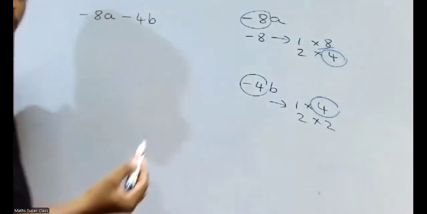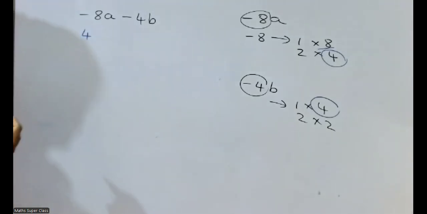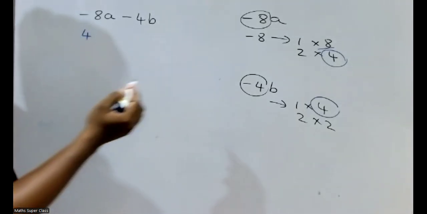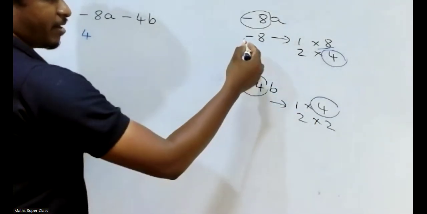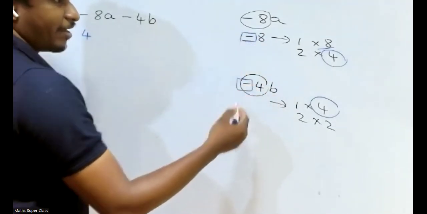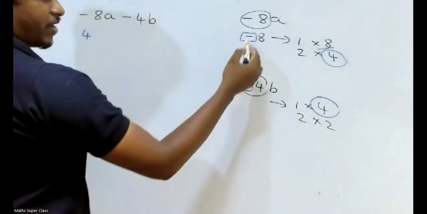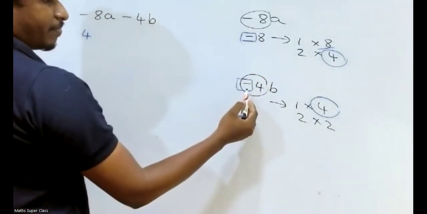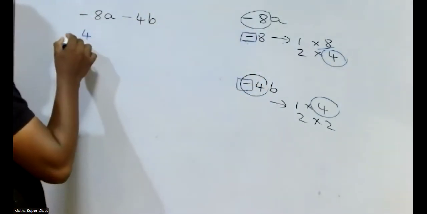So what is the common factor? Is it only 4? No, not only 4. Here you can see minus. I didn't use minus at first because it's complex, but we can find the minus symbol in both terms. Then you can use minus.